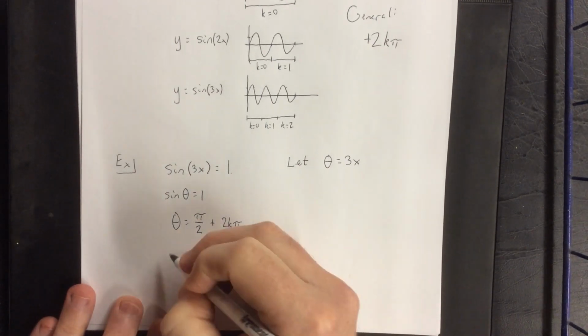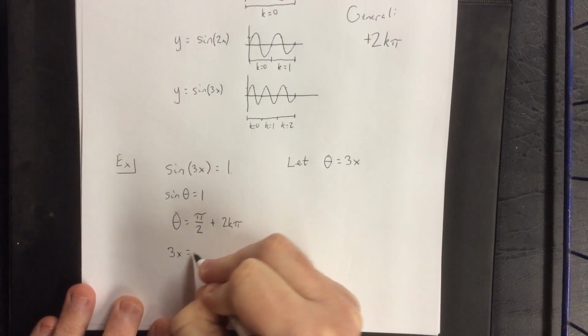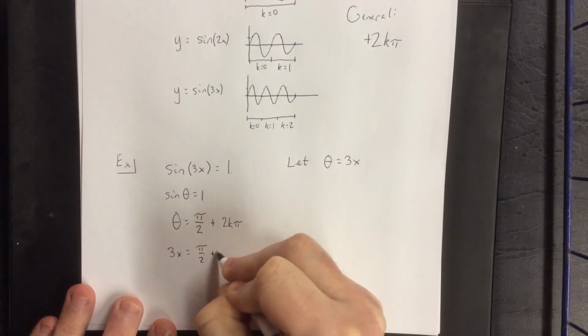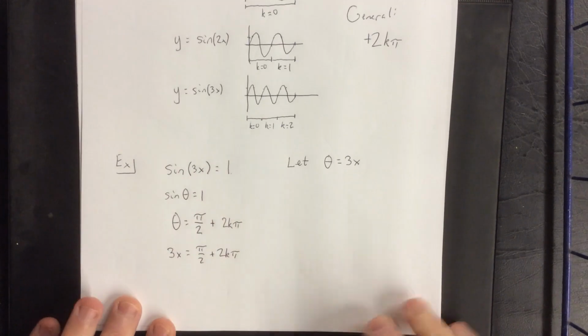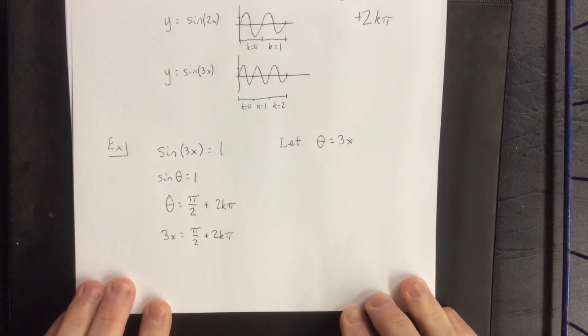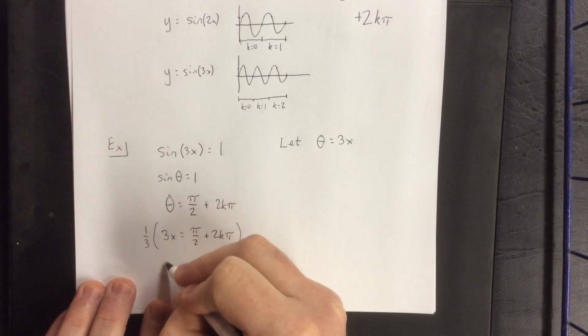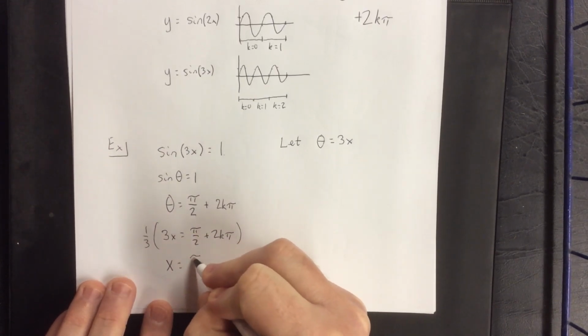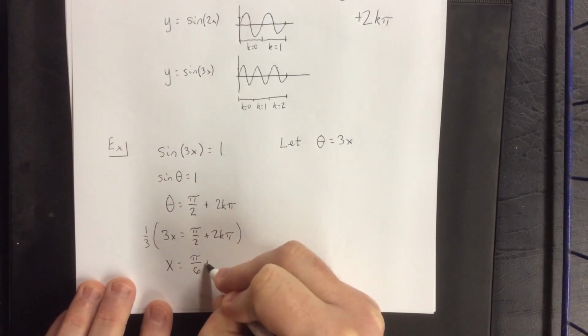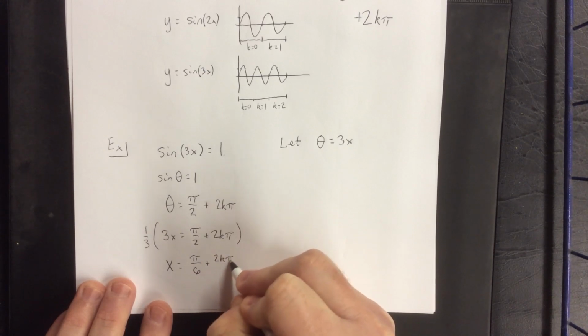That's because when we substitute back, there's now going to be some additional algebra to do. Specifically, it'll be to divide both sides by 3, or since we already have some fractions in here, multiply both sides by 1/3. So this will be pi over 6 plus 2k pi over 3.